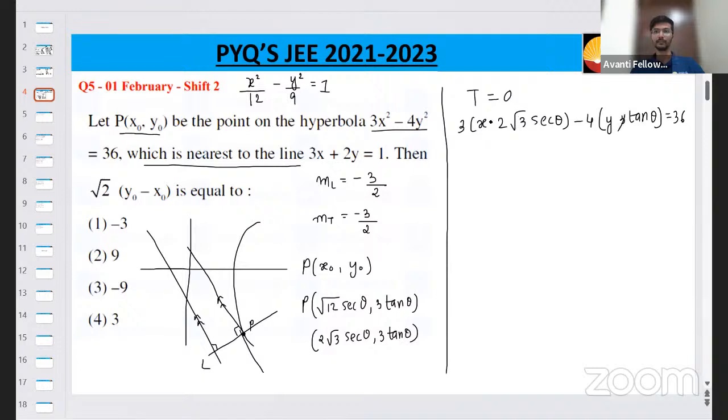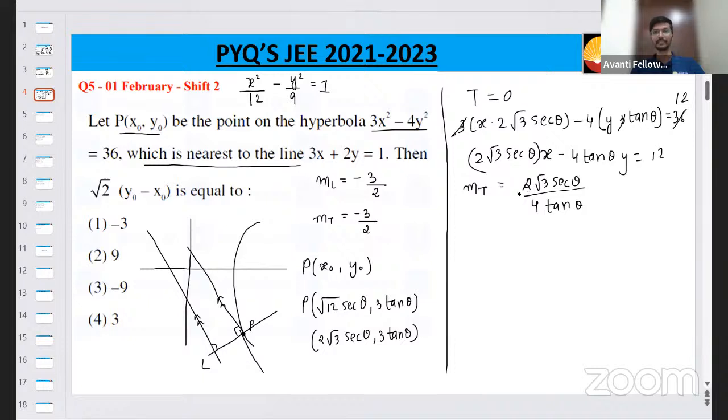We can cancel out 3, 12. So what I'm left with is 2 root 3 sec theta x minus 4 tan theta y equals 12. From this, we get the slope of the tangent as 2 root 3 sec theta upon 4 tan theta. We can cancel out 2 also. So we'll get root 3 by 2.